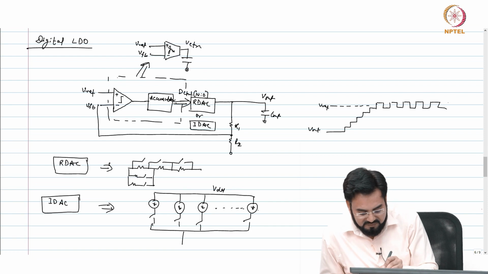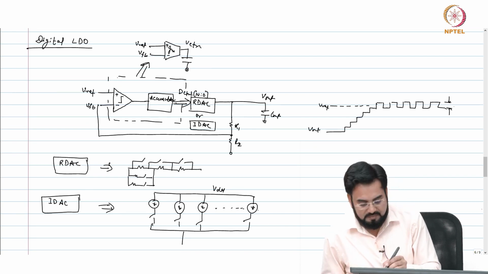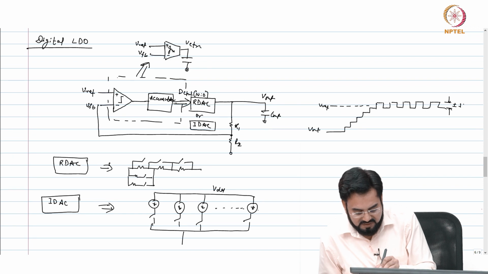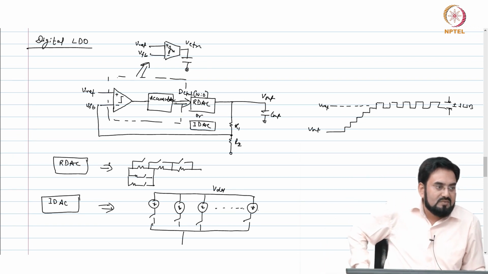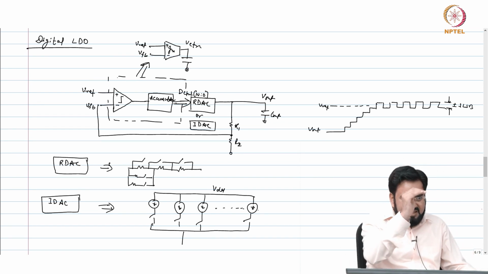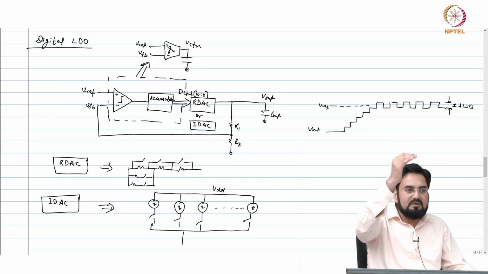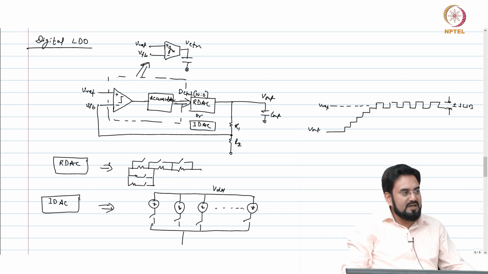And what will be the size of this? Plus minus 1 LSB, worst case. If you are at the very boundary, you can jump up by 1 LSB and you can go down by 1 LSB. So you can always have plus minus 1 LSB error.